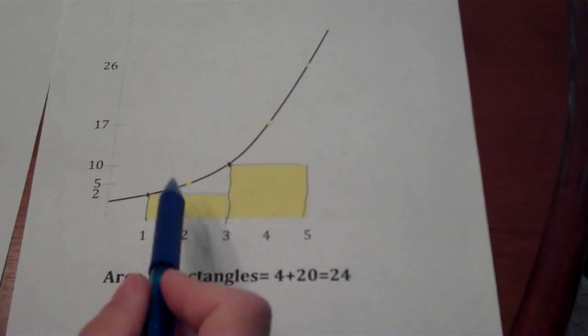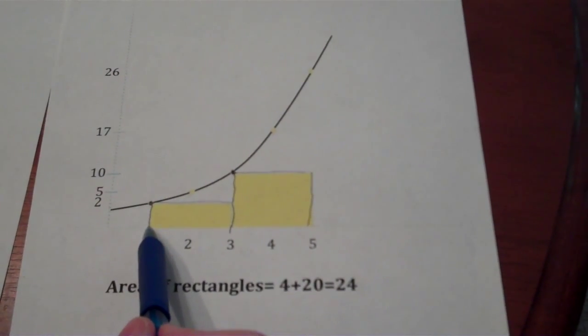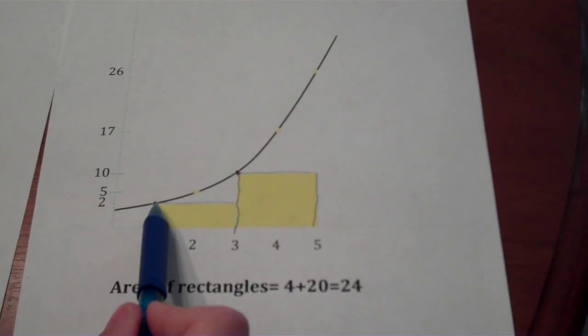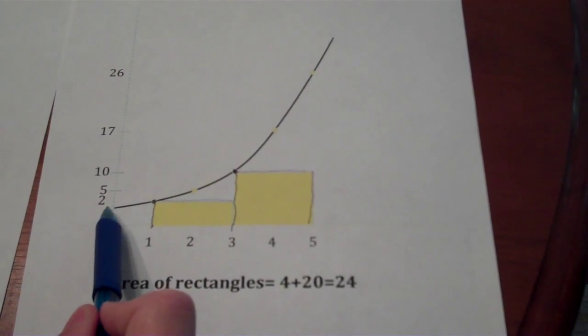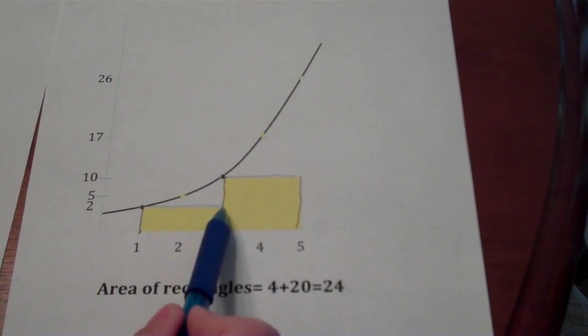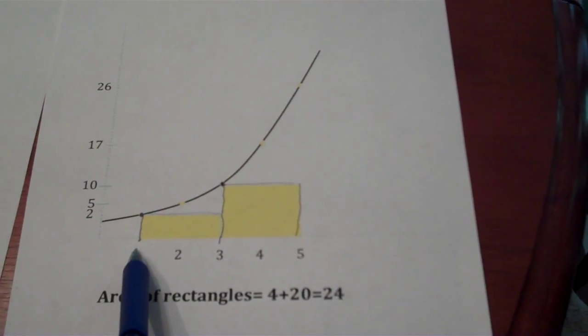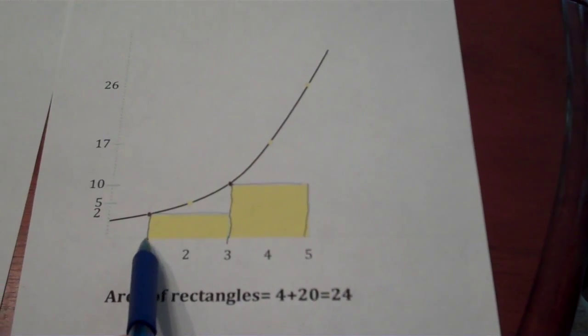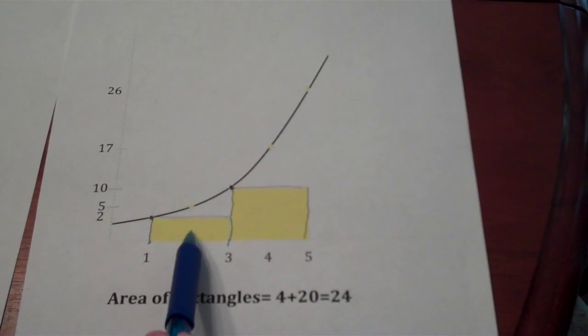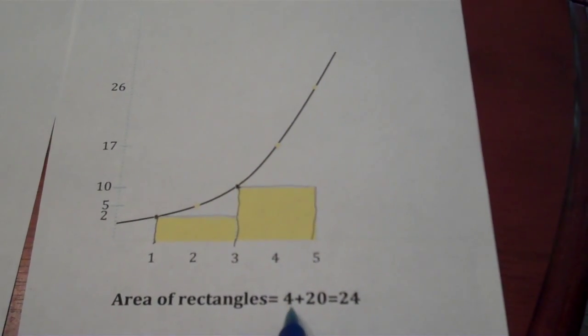Now, notice that the area of this rectangle, it was too high because the value of that function here at 1 was 2, and the width was 2 because I went 2 units. Remember, my change in x was 2. So from 1 to 3 was 2, and it's too high. So the area of this rectangle would be 4.